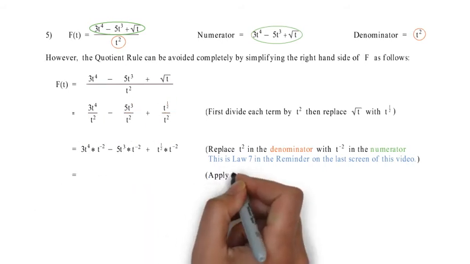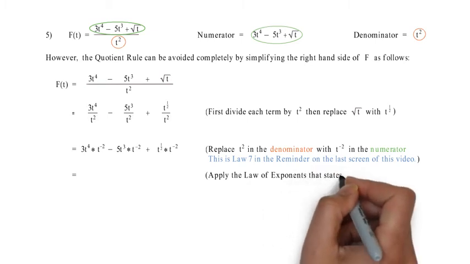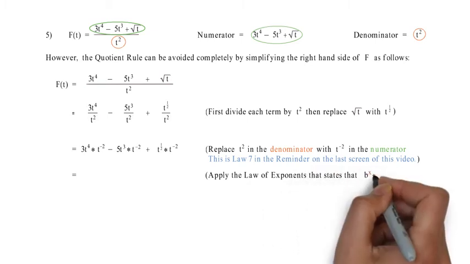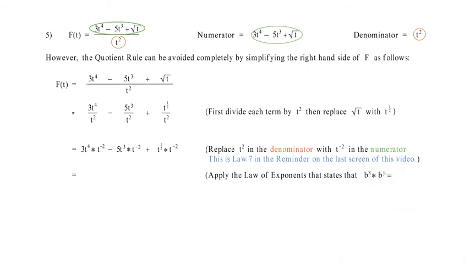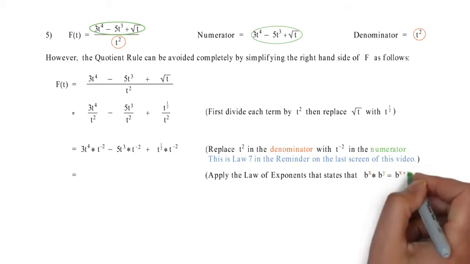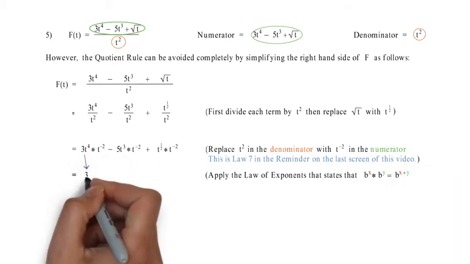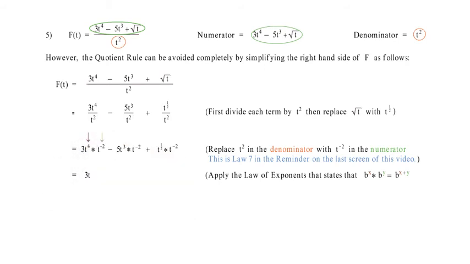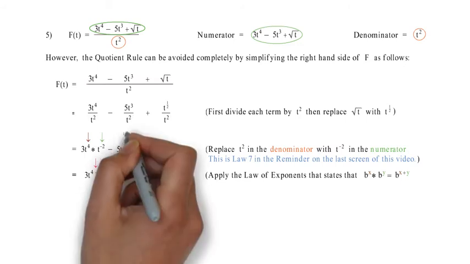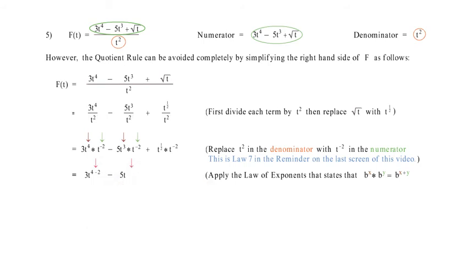Apply the law of exponents that states that b to the x times b to the y equals b to the x plus y. 3t to the 4 minus 2, minus 5t to the 3 minus 2, plus t to the a half minus 2.